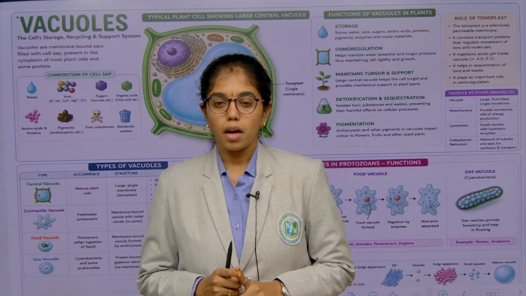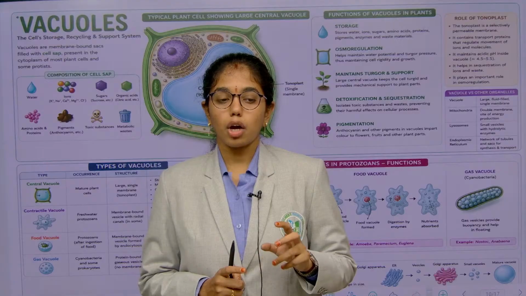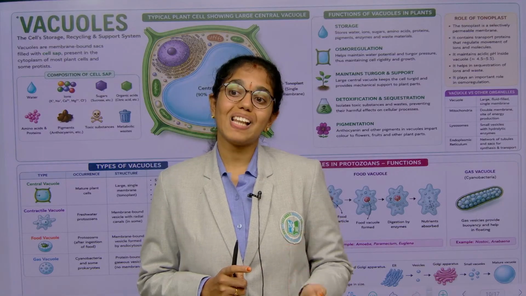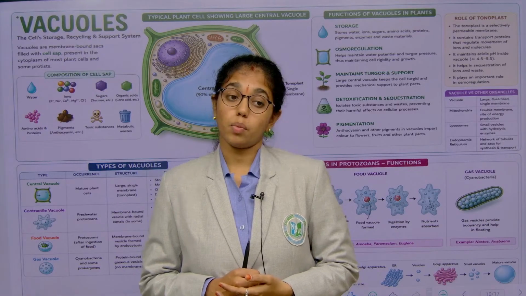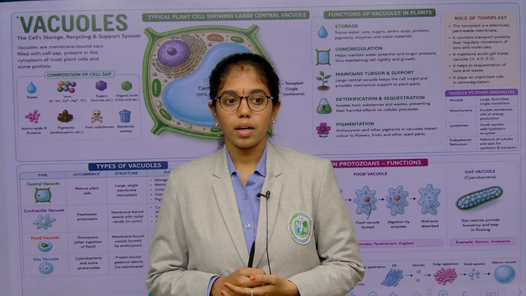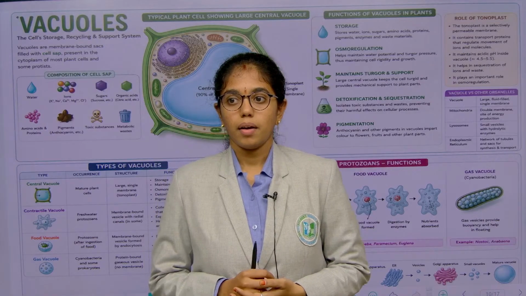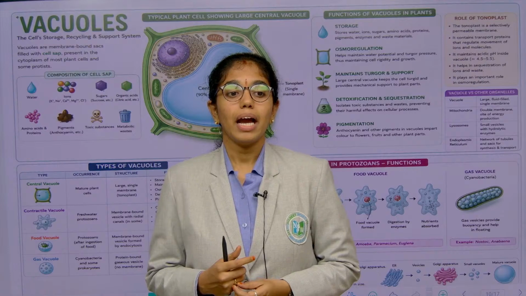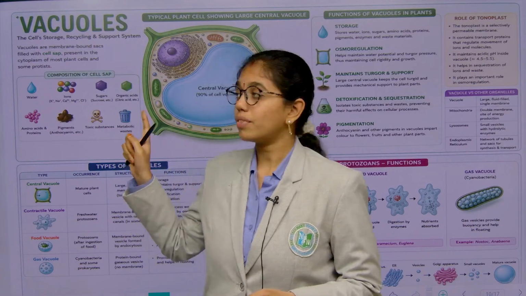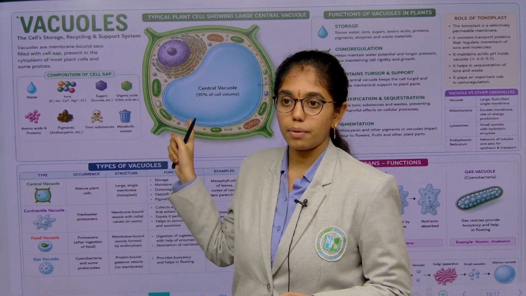Tonoplast. Do you think the concentration of the vacuole is less than cytoplasm or more than cytoplasm? More than cytoplasm. Why? No, it is not because of cell volume. Very good. It is because of the molecules that are present inside the vacuole.